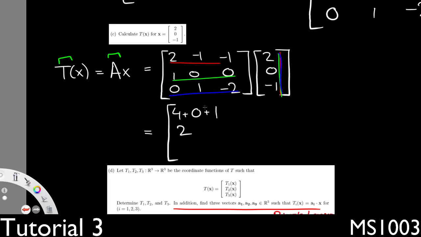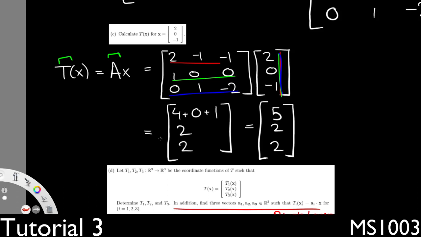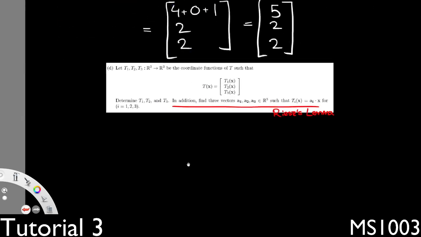So I get 0 times 2, 1 times 0, and then finally minus 2 times minus 1 gives me plus 2. So I get for my final answer that T applied to x is going to be 5, 2, 2. And I want to double check that that's actually the right answer. It is. Cool.